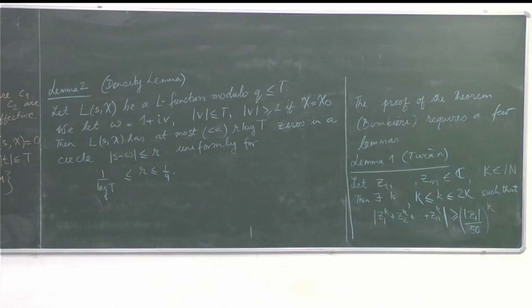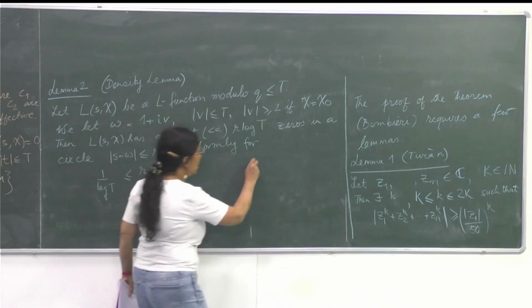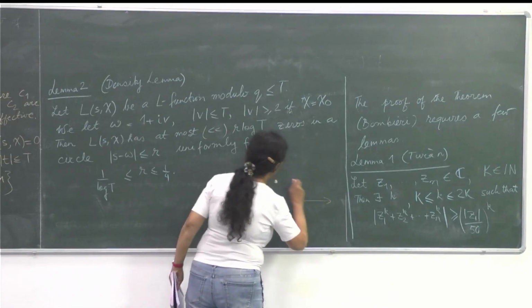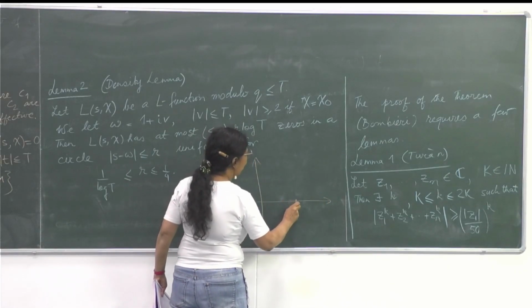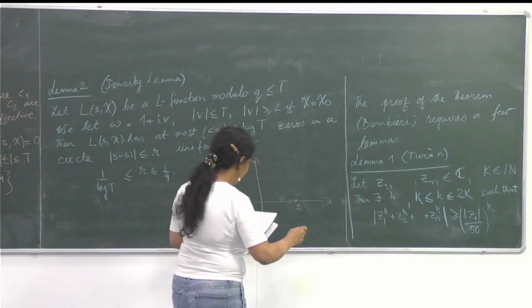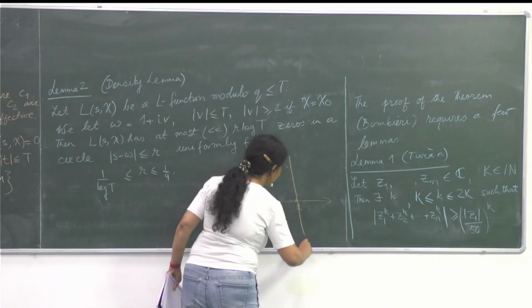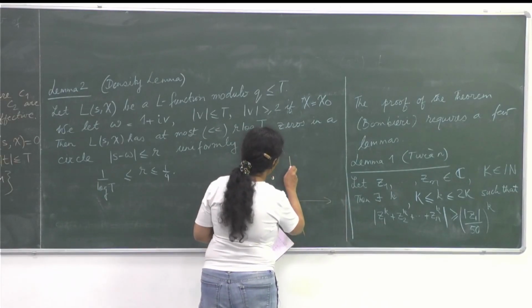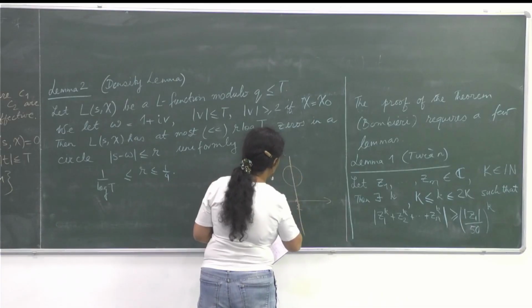Okay, so what does this mean? It means that if you have a circle here, so say 1 is here, and then you have some circle here.